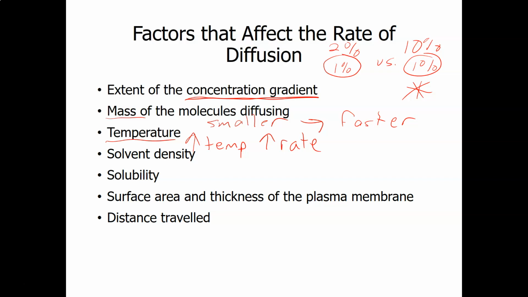So the more dense the solvent is, the slower the diffusion is going to be. So the higher the solvent density, the slower the diffusion rate. Solubility. There are molecules that are more soluble in water than others. So when solubility is higher, diffusion rate is higher.